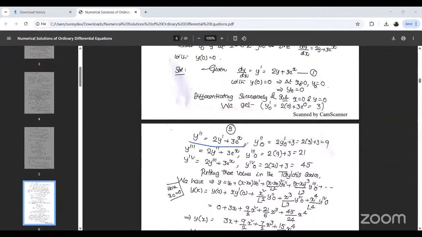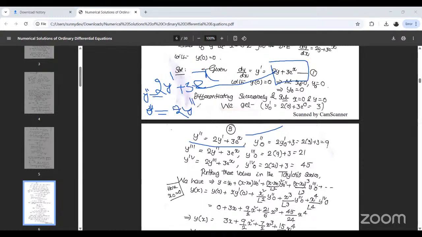Next we have to do the y double dash. This is y dash, and this derivation becomes 2y dash plus 3 into e power of x. Again this is y double dash. So y triple dash is 2 into y double dash plus 3 into e power of x, and the fourth derivative likewise.